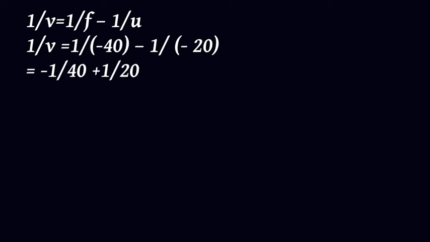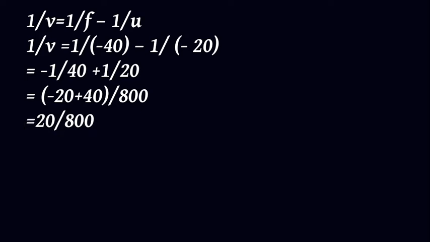Rewriting, minus 1 by 40 plus, minus and minus become plus, that is plus 1 by 20. Minus 20 plus 40 divided by 800. That is minus 20 plus 40 means 20, and by 800. That is 1 by v is equal to 20 by 800. V is equal to 800 by 20. That is equal to 40 centimeter. V is equal to 40 centimeter.